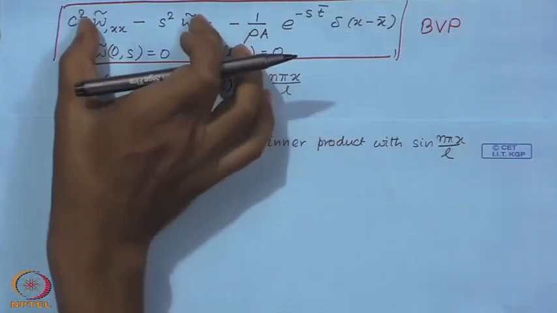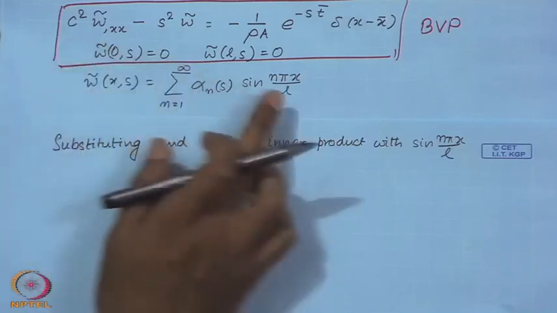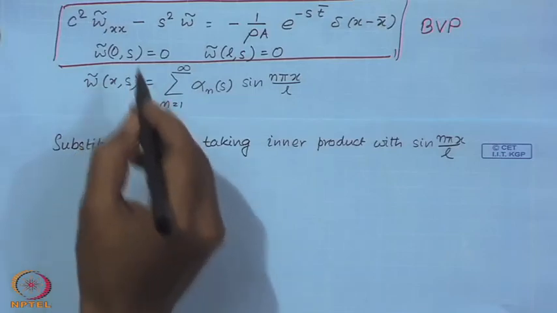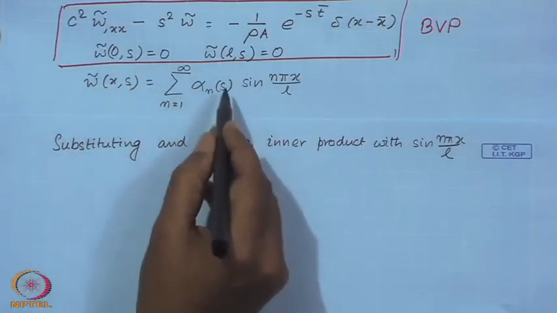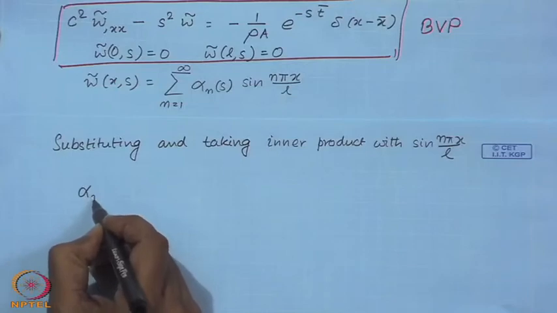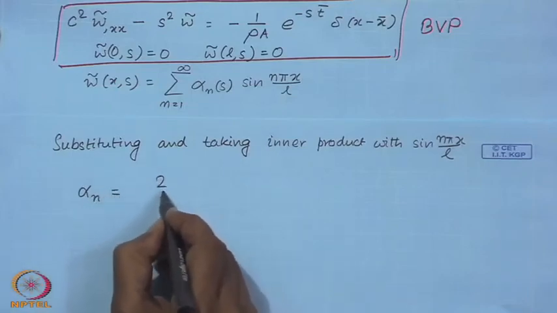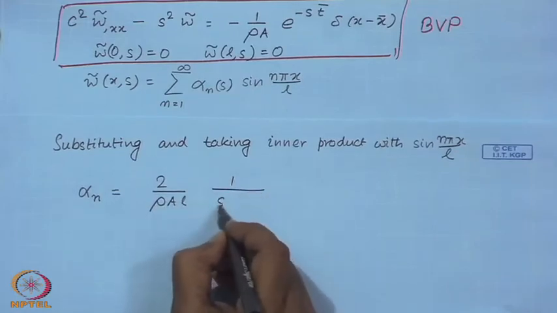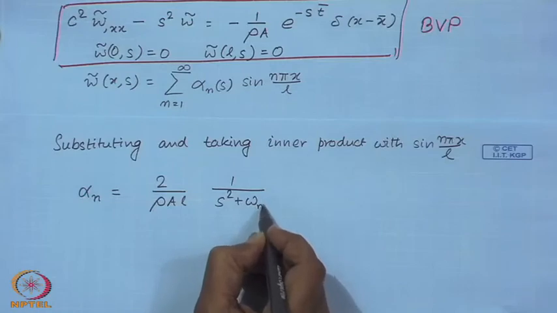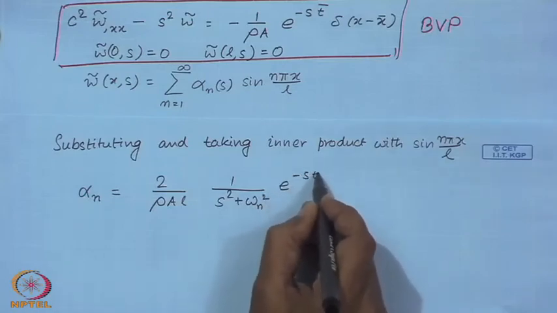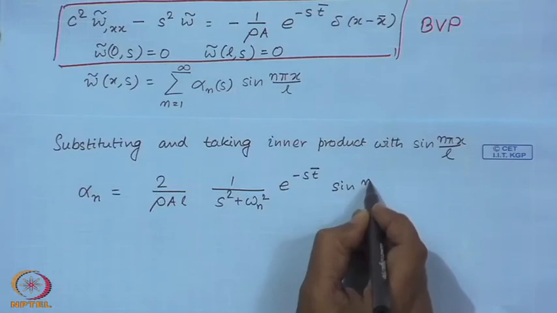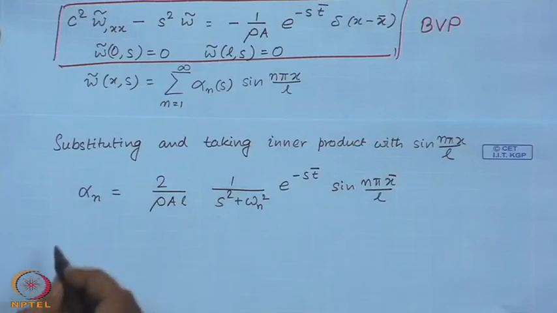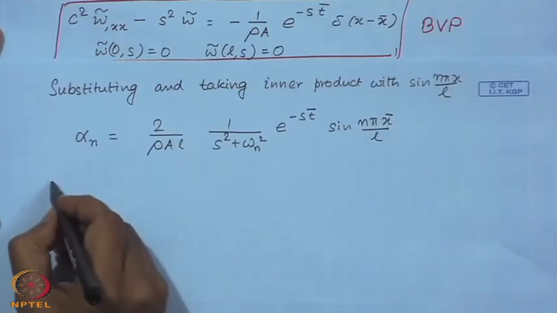So, we substitute this in the differential equation and take the inner product with sin(n pi x over L) on both sides, and then it filters out the nth coefficient, and this can be done very easily. So, we will obtain this coefficient.